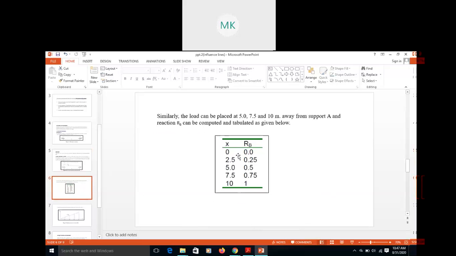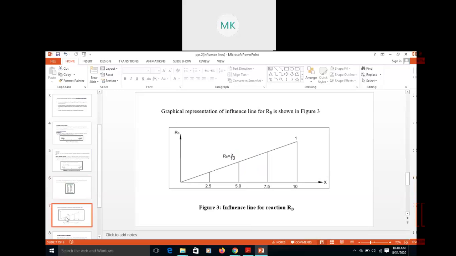When you start from a point, you will get 0. When you end at a point, you will get 1. If you are not getting this, it means your calculation is wrong. Okay, so remember this. After getting this, if we plot the graph, or draw the ILD, how does it look? See here, the graphical representation of the influence line for RB.